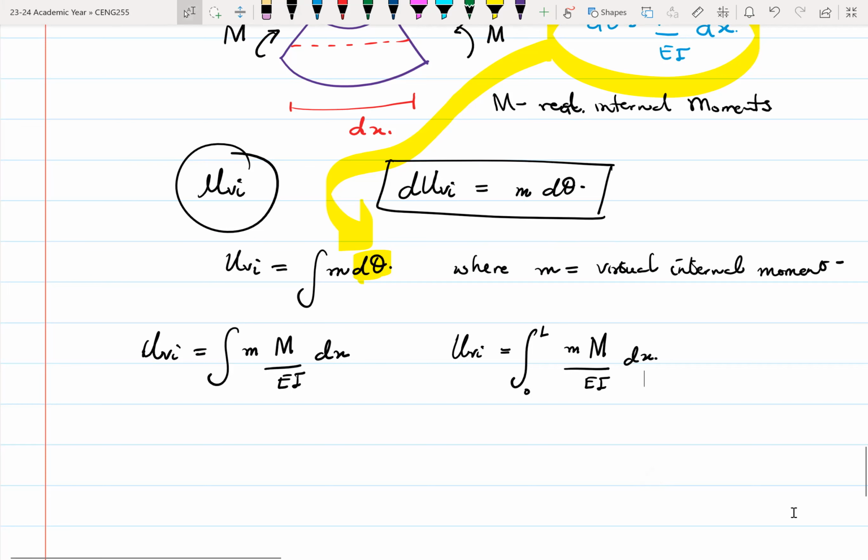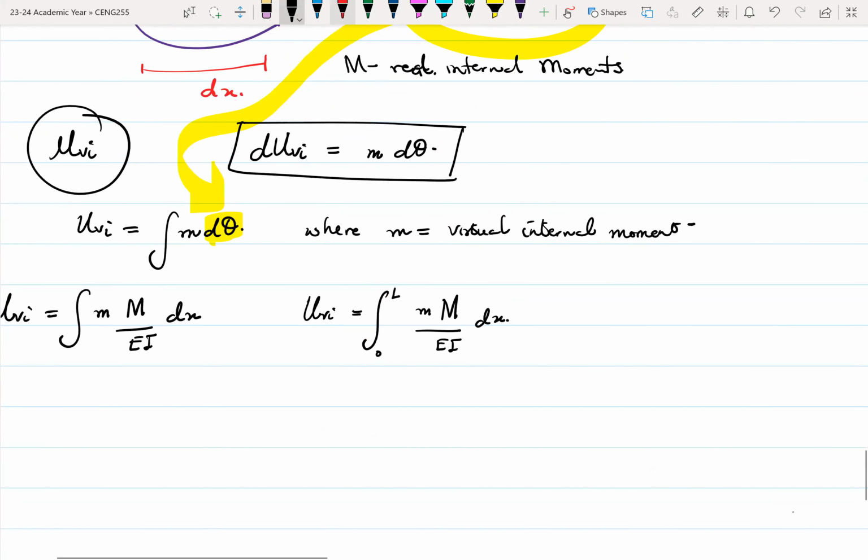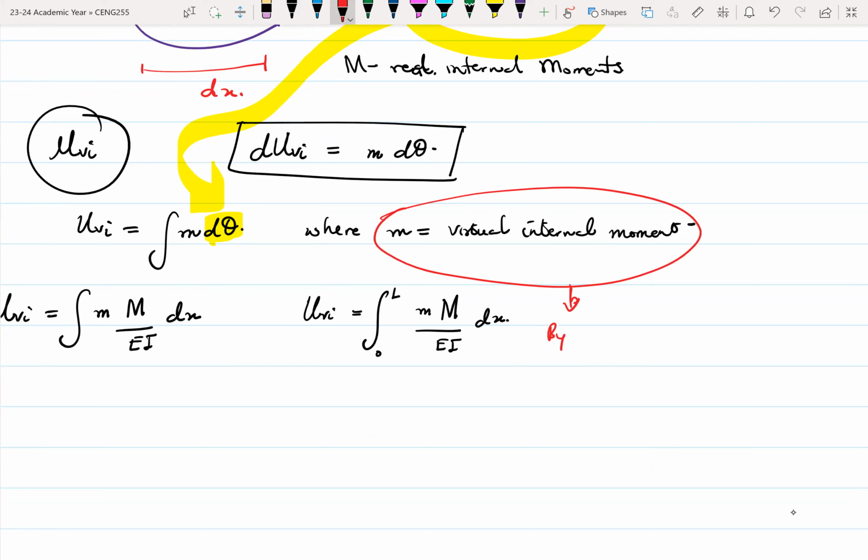And we get this virtual internal moment by placing a unit load at the point of interest, or the point that we want to find its deflection.